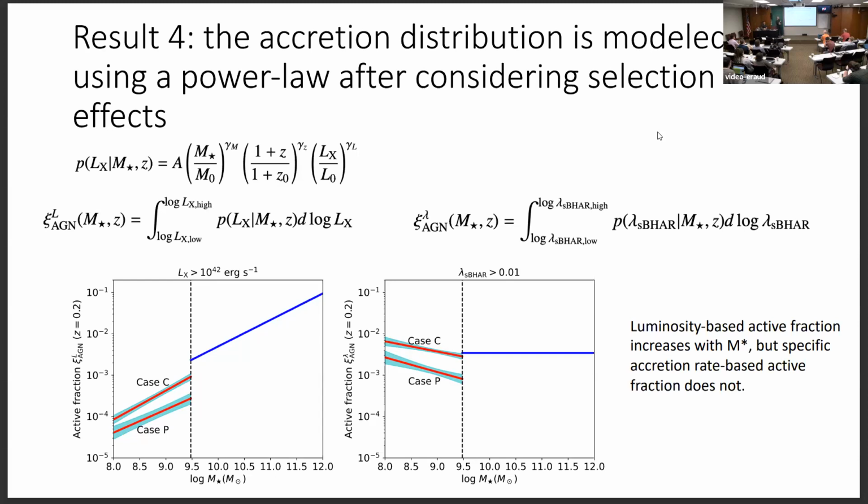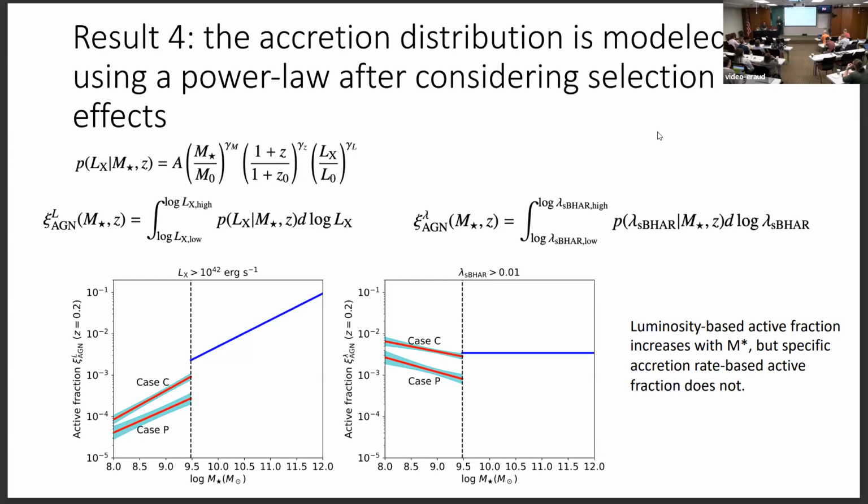Then we apply this model to our data to constrain these parameters, and we can then integrate the accretion distribution to get the so-called AGN fraction among the dwarf population.